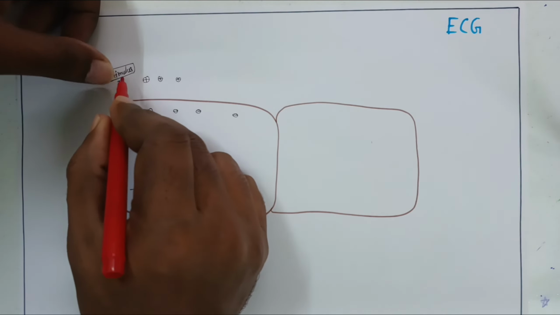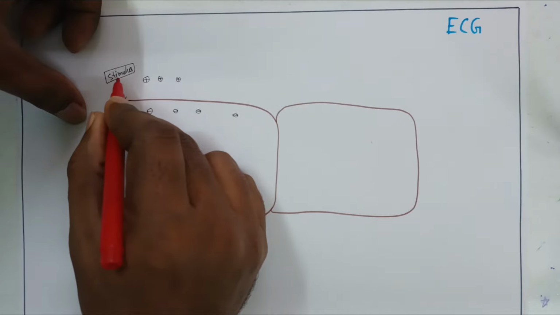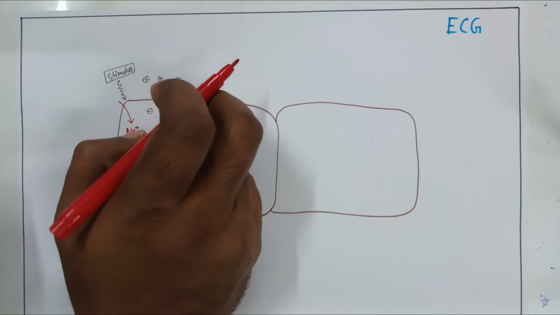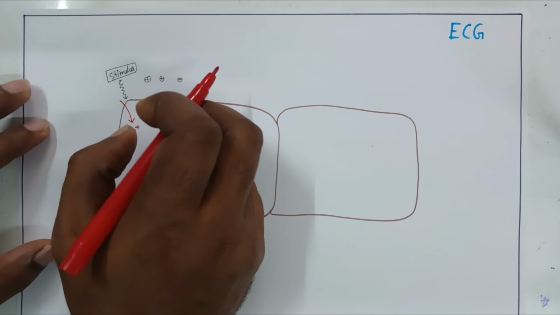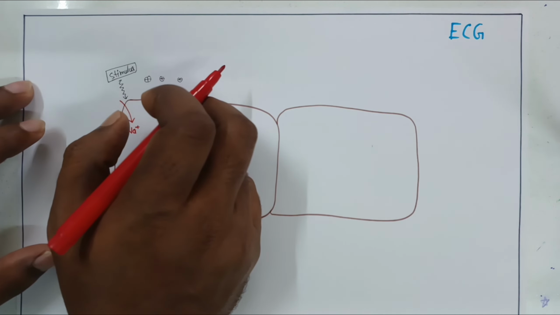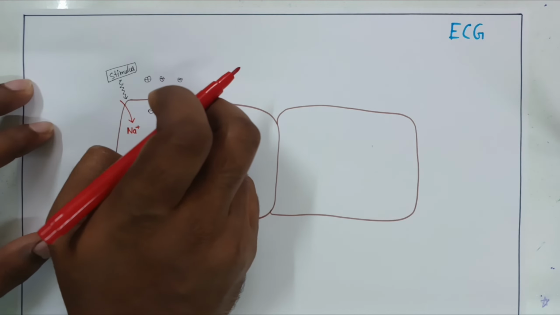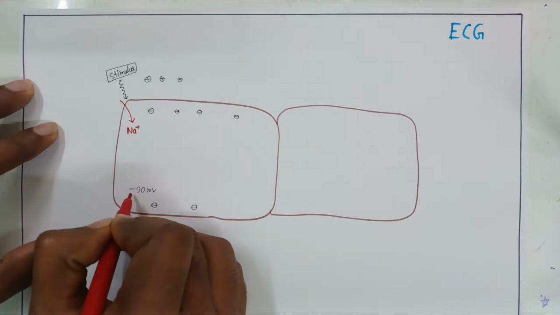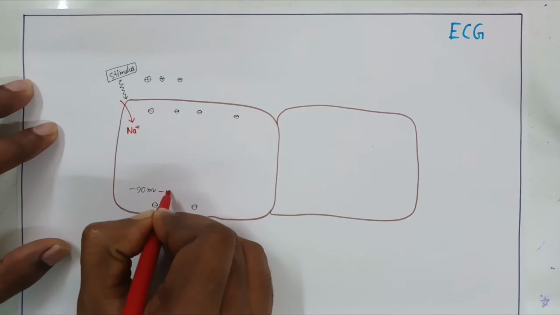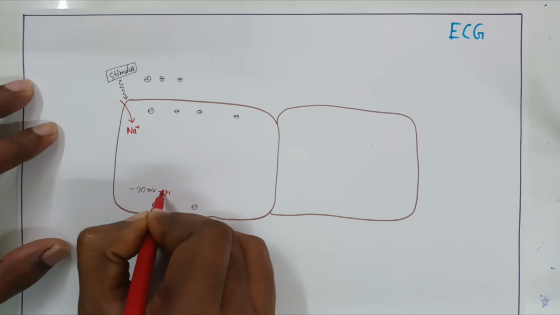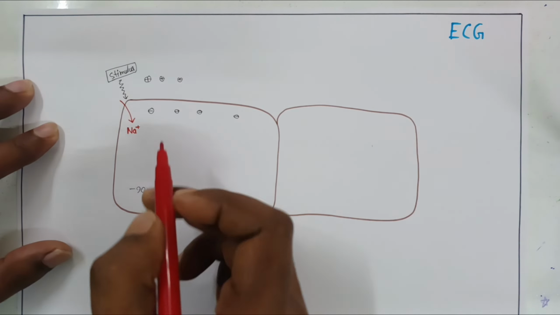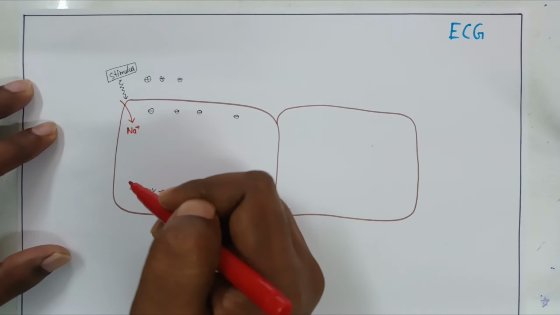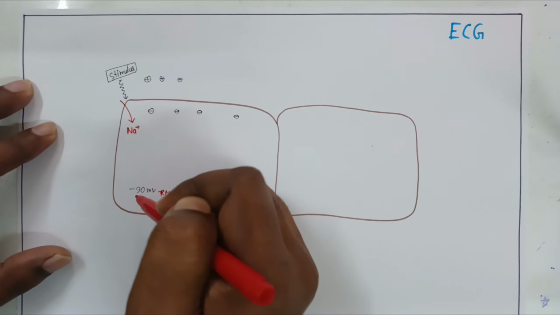So if we apply the threshold stimulus, that means if this stimulus is strong enough to generate the threshold potential, then the stimulus can also generate the action potential. At first our cell is at rest, that is the resting membrane potential of minus 90. After applying the stimulus, the positive ions get in and elevate this membrane potential.